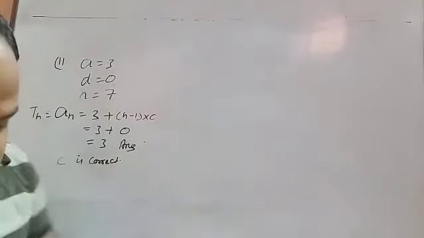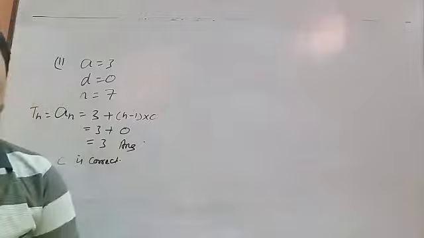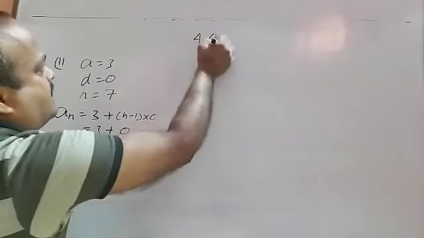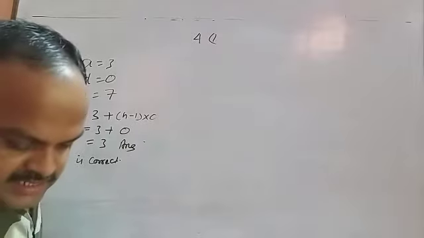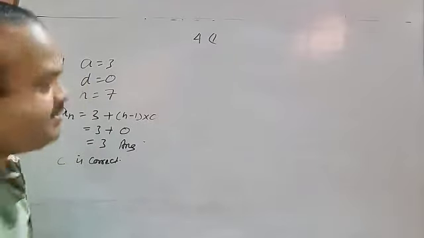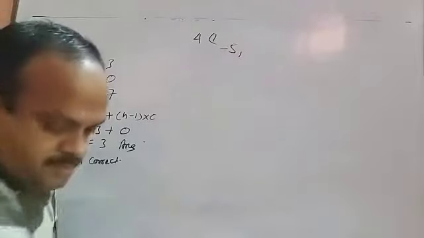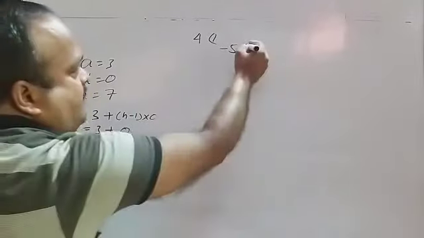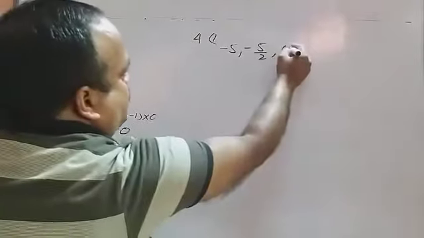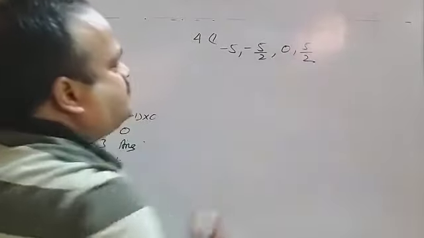Let us do the first part. We have a series, and it is already mentioned that the series is AP: minus 5, minus 5 by 2, 0, 5 by 2.